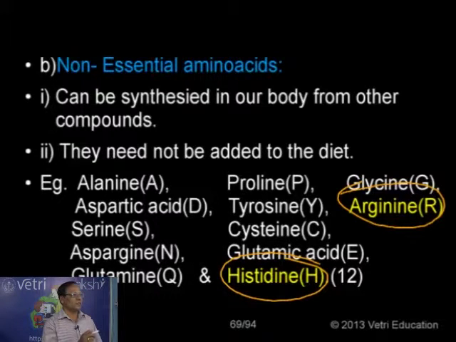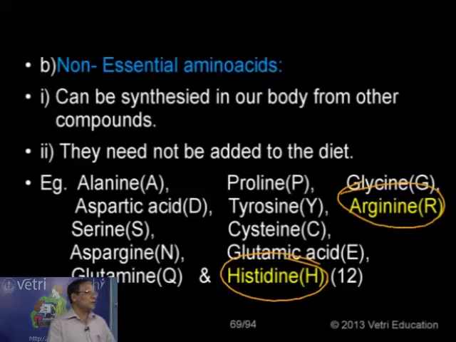For example, serine SER, proline PRO, tyrosine TYR, arginine ARG. So either a single-letter code or a three-letter code can be used while representing the sequence of amino acids in a protein while storing it in a database. That's why I've given some letters inside, and that is the code letter for each amino acid.